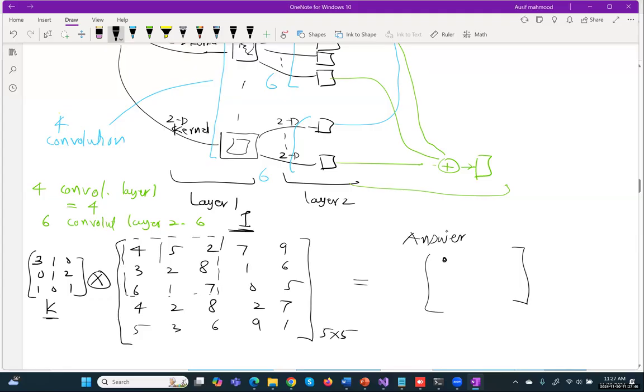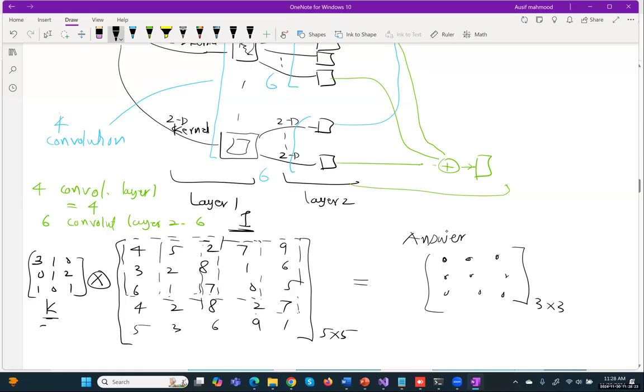Then I will move the kernel 1 to the right and produce one more answer. Then I will move the kernel to the last spot, and it will produce one more value. But now I cannot shift it anymore because I've run out of values. In the same way, as I move it down, I'll produce 1, 1, 1, 1, 1. So my answer will be just 3 by 3.